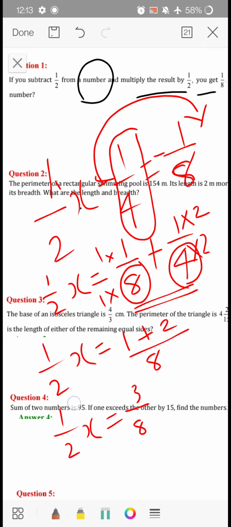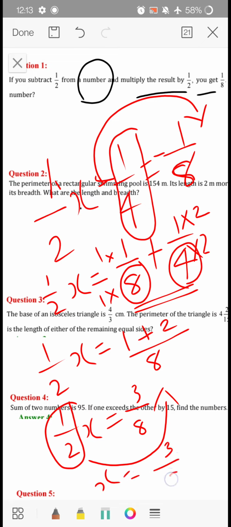Now look at this one. This 1 upon 2 is in multiplication. So if you transpose it, then this 2 will be in the numerator and this 1 will be in the denominator. Okay. So x is equal to 3 upon 8 into 2 upon 1. So 2 fours are 8, hence your answer is 3 upon 4. So this is how you will solve this question.